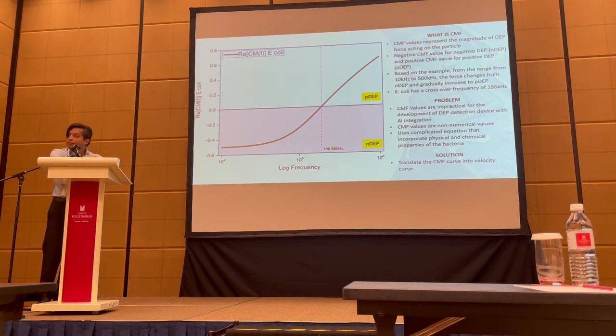And there are two types of force in DEP, which are negative DEP force and positive DEP force, represented by the negative and positive values in the curve. In positive DEP force, the particle will be attracted towards a region where the density of the electric field is high, and in negative DEP force, or NDEP, the particle will move away from the region of high electric field density.